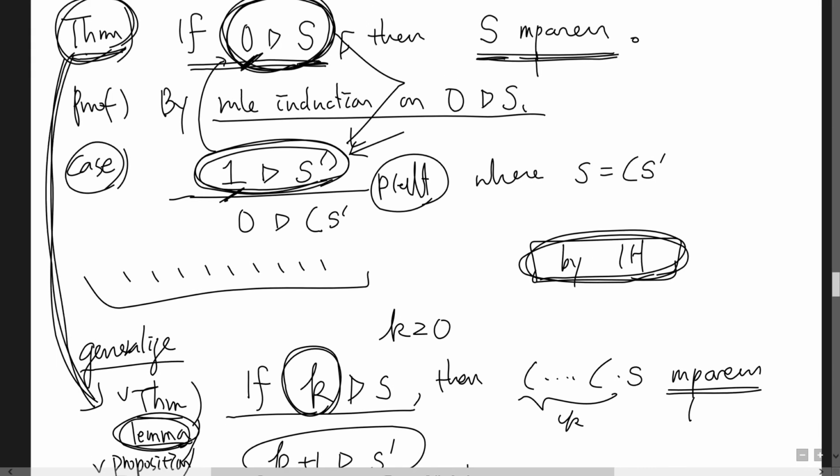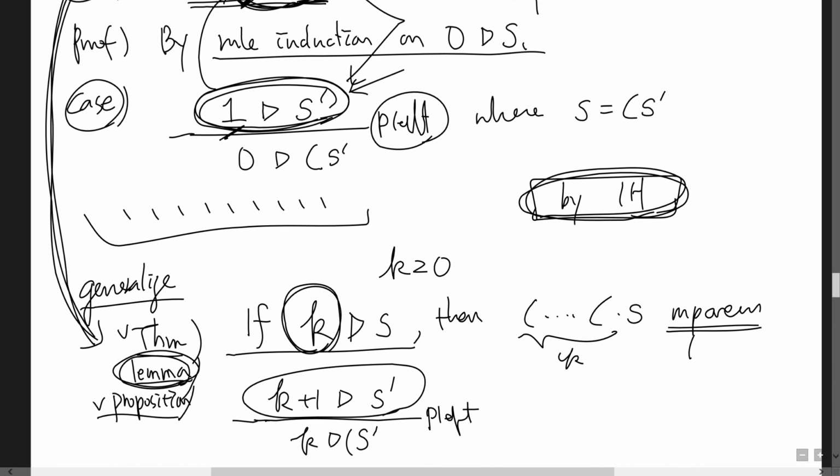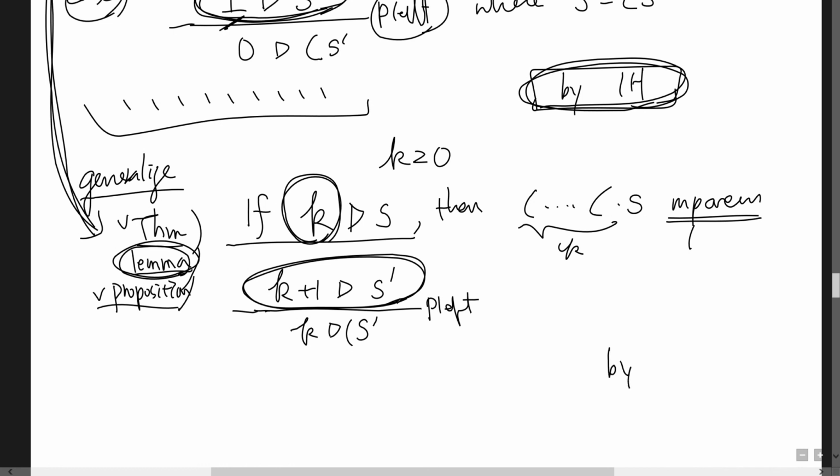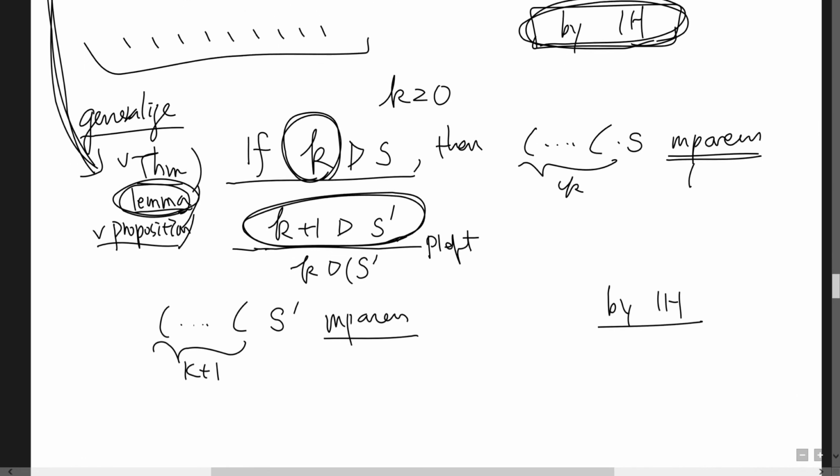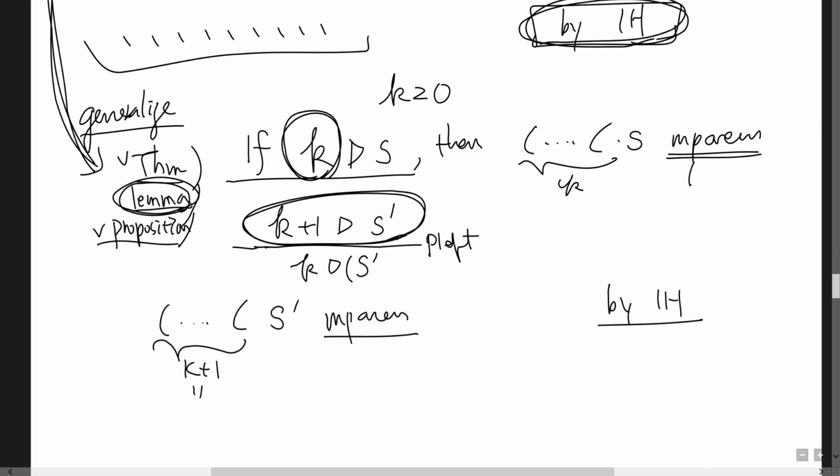Thanks to the generalization of the statement, now we can obtain the induction hypothesis from the premise. So in this case, by induction hypothesis, K plus 1 copies of left parentheses followed by S prime is accepted by m-parent. And this is equal to K copies of left parentheses followed by S, because S is equal to left parentheses S prime.